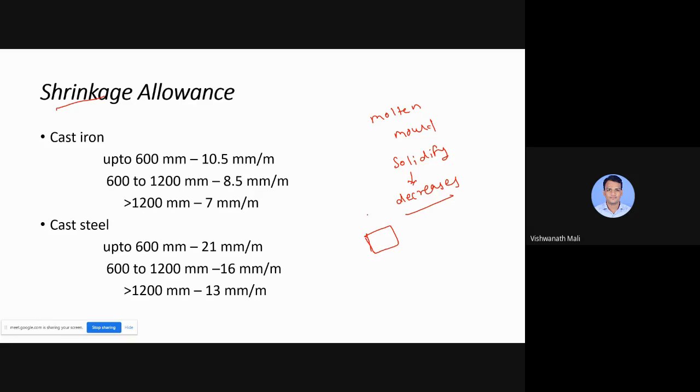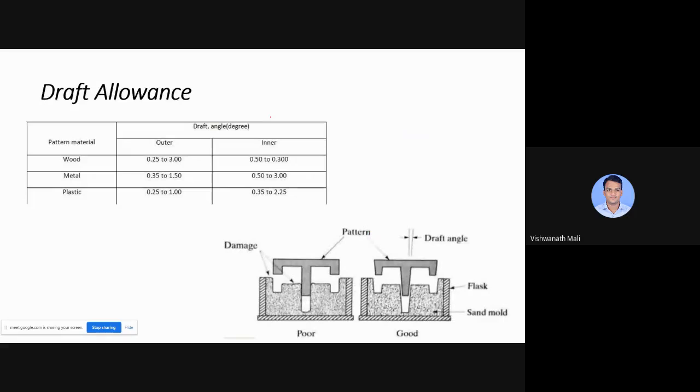So that is our wrong casting. In order to get the correct casting, we need to provide this shrinkage allowance. What is shrinkage allowance? Solid shrinkage allowance: after solidifying, the molten metal's dimensions decrease. That shrinkage allowance depends on the type of material, whether it is cast iron, cast steel, or aluminum. Depending on that, we select the shrinkage allowance. Then draft allowance.